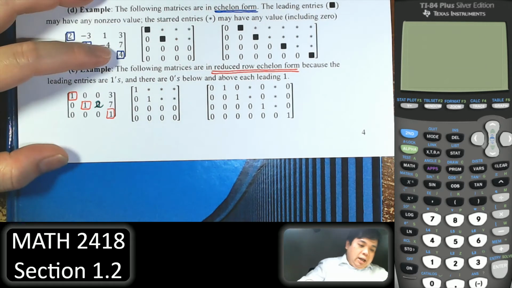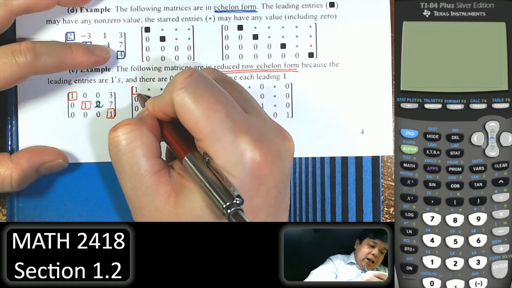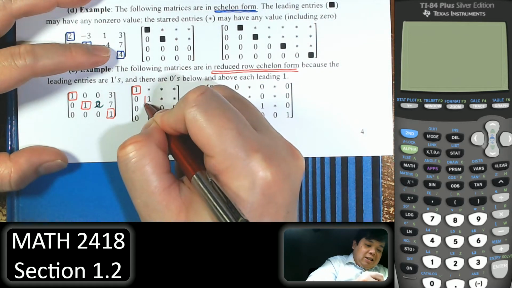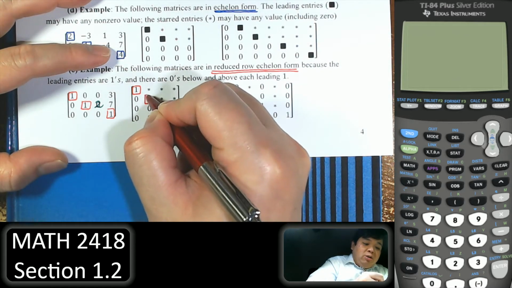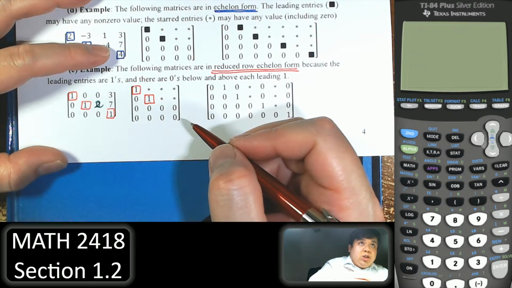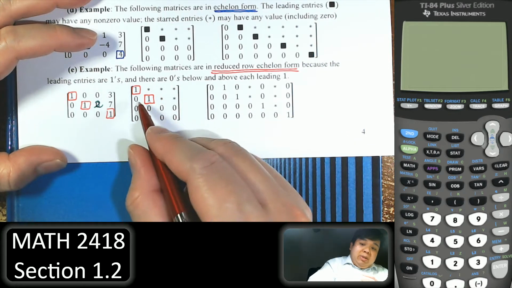Right. This one, we have the 1 here. It's the leading 1. The first entry that's not 0 is 1. It aligns in echelon formation, which is good. However, there is a mistake here.